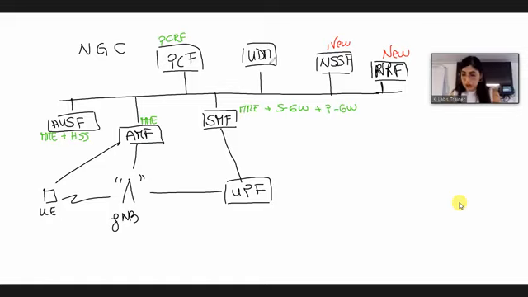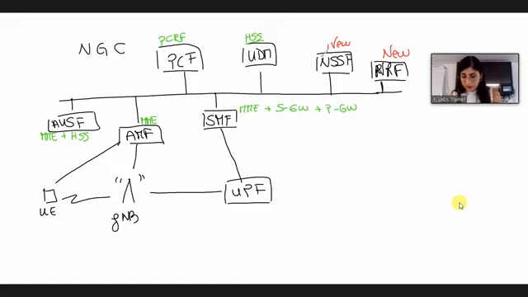Then we have the UDM. UDM stands for Unified Data Management. This is the function, the node, in charge of subscriber identification and access authorization. So it performs basically functions that in the 4G core network were performed by the HSS.